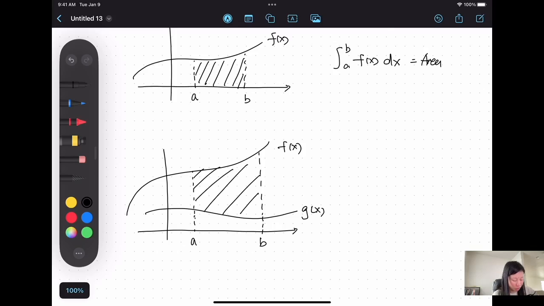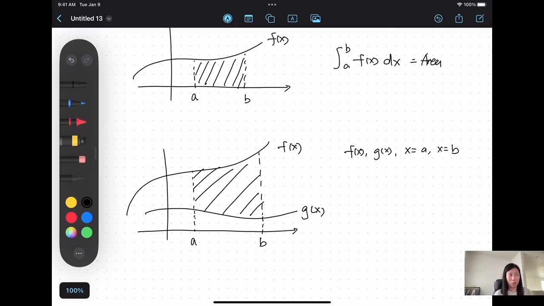So that means instead of being bounded by f(x), x equals a, x equals b, and the x-axis, this is going to be bounded by f(x), g(x), x equals a, and x equals b.